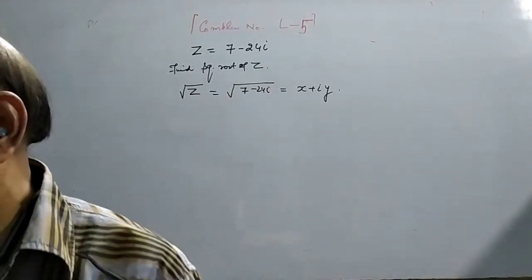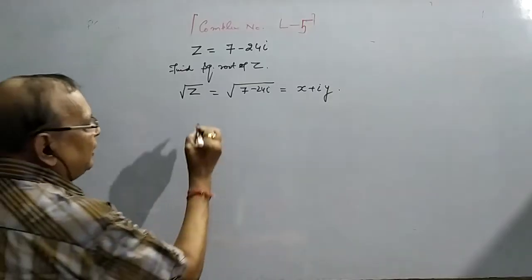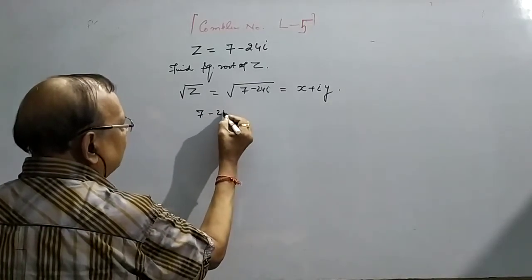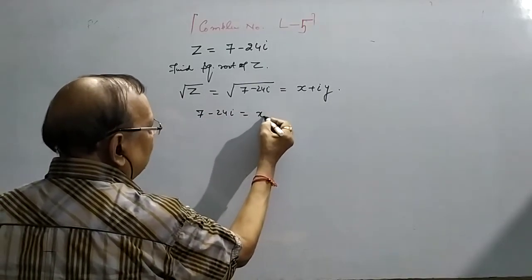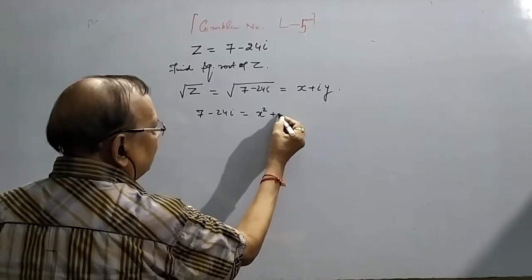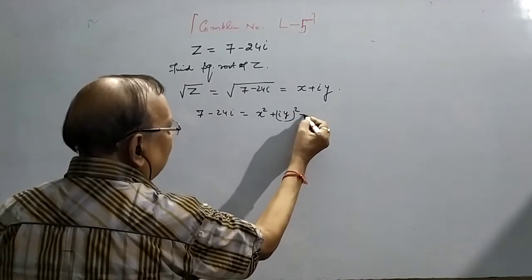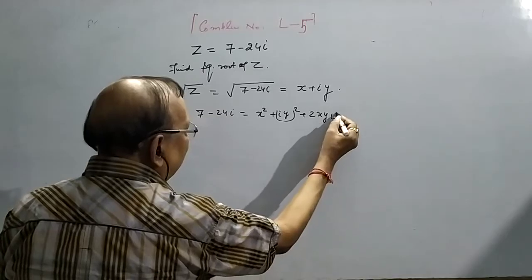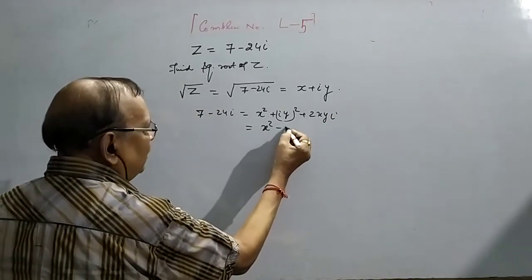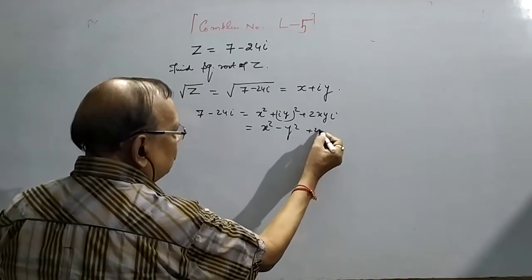Squaring both sides, what do we get? 7 minus 24i is equal to (x plus iy) whole square, that is x square minus y square plus 2ixy.